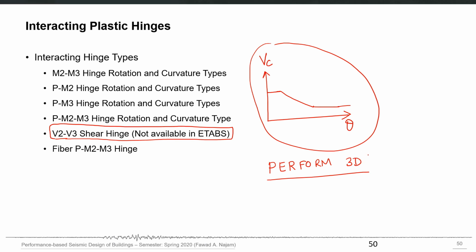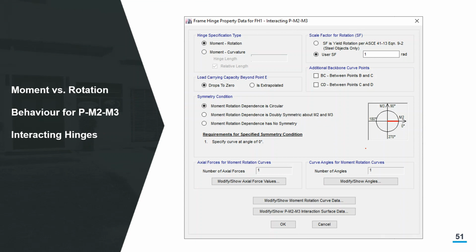Currently, those options are not available in ETABS, but maybe in later versions they will be. So currently, we will be focusing on the PM2M3 interacting hinge for columns. This is the primary form which will be used to define the inputs for the PM2M3 hinge.